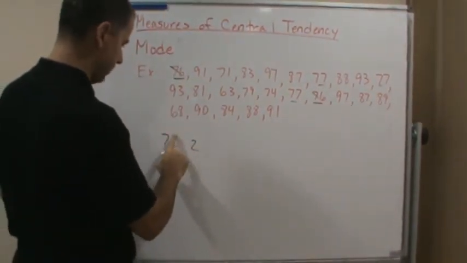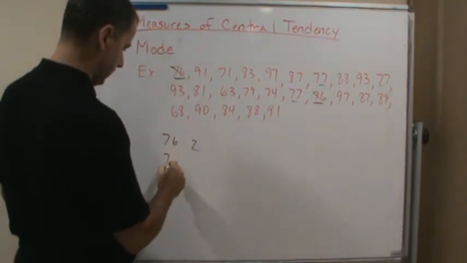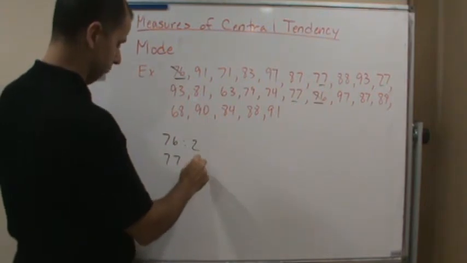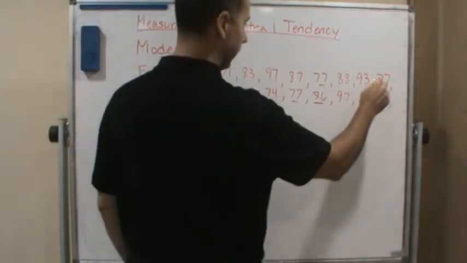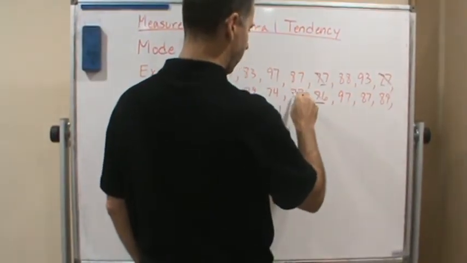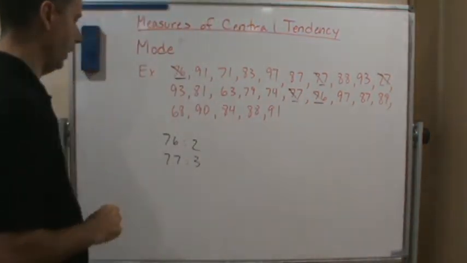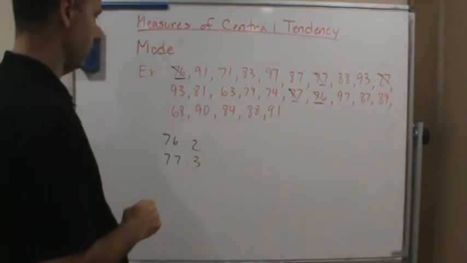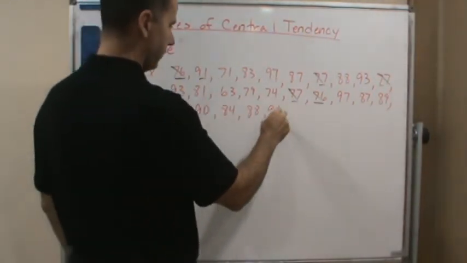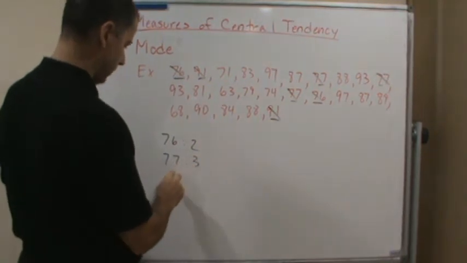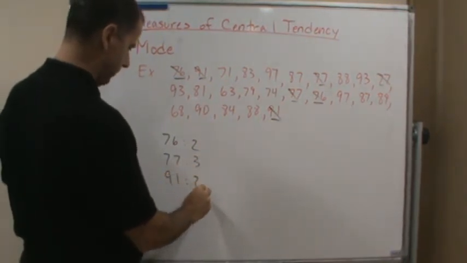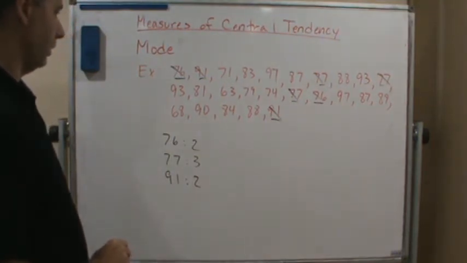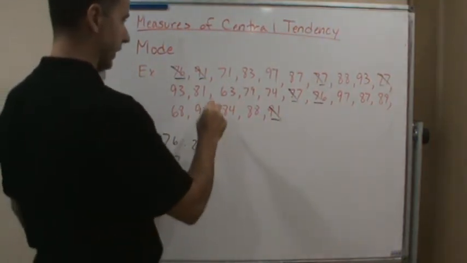So 77, we have looks like 3. Okay, so let's cross those off. And 91, how many 91s do we have? 2. Okay, so 91, we have 2. What about 71? 71, we only have 1, it looks like.